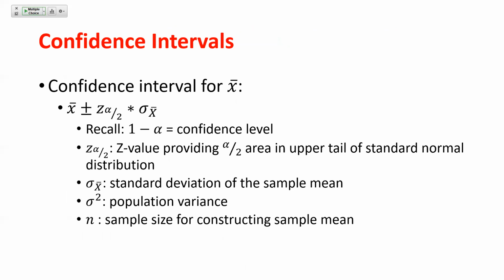When we use the positive value of the z-score, that's giving me my upper bound. When I subtract, or use the negative value of that z-score, that's giving me my lower bound. But I'm adding and subtracting the same thing to that sample mean. So my confidence interval is built around my sample mean, and it should be smack dab in the middle. Questions on this? We'll keep moving here.